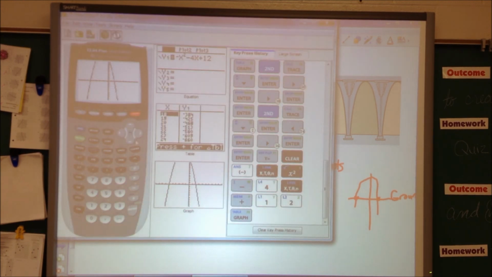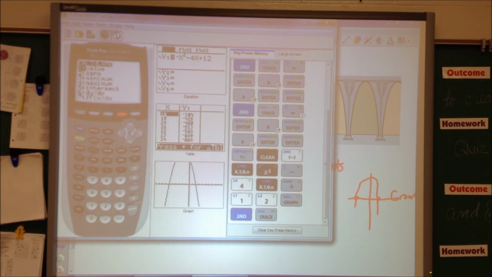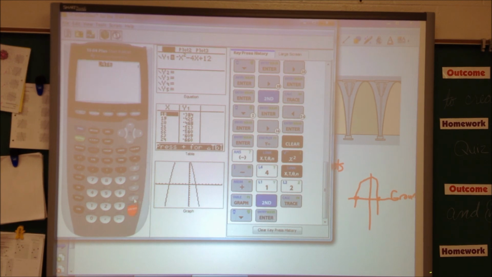So on my calculator, I am going to go to second, calculate, and I'm going to find my zero. And it wants my left bound, so I need to come way over here. And as I watch it go, there it comes down, my cursor.